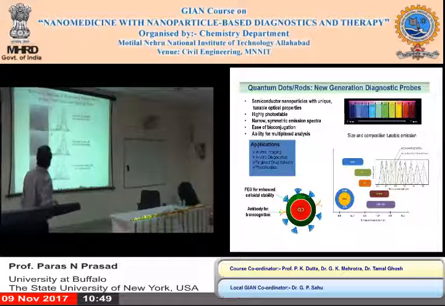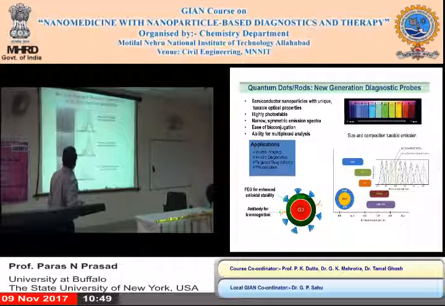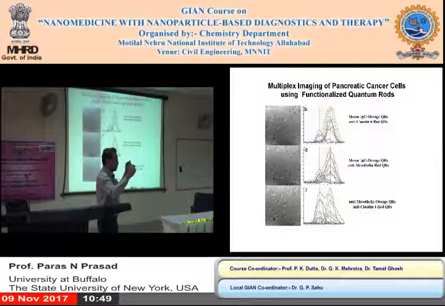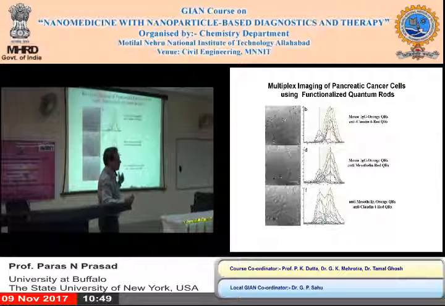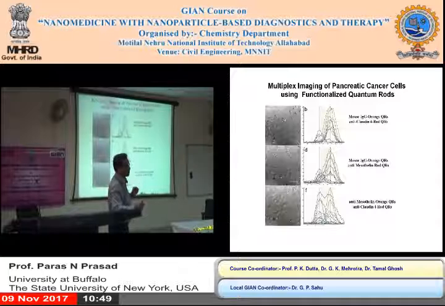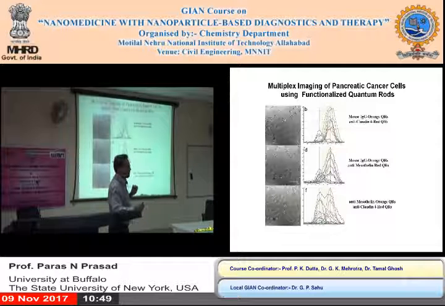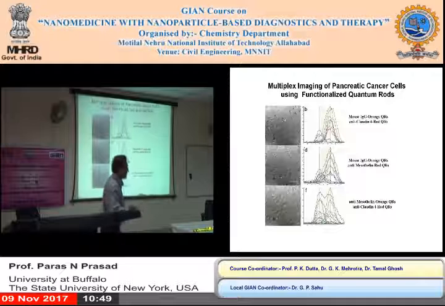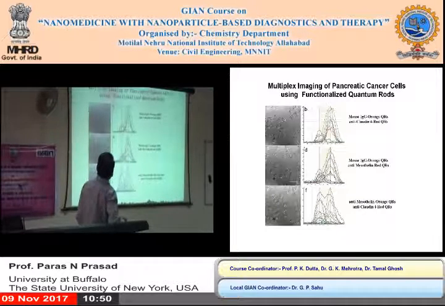So this is a pancreatic cancer cell line where we use quantum rods, again a longer one which has emission a little shifted towards red, and the quantum rods are sometimes much brighter than the spherical nanoparticles. So we use that.